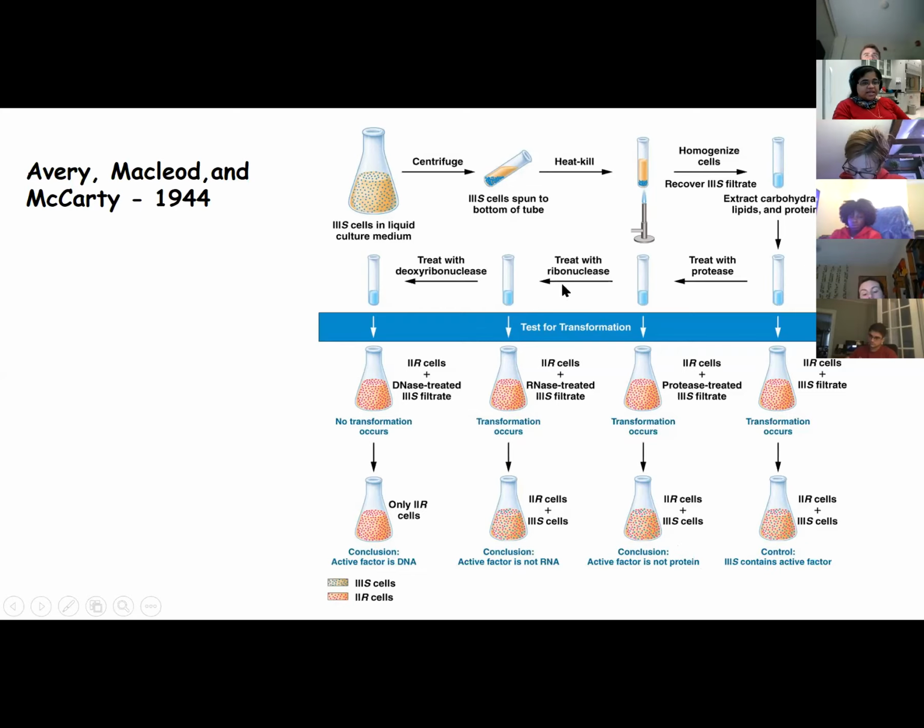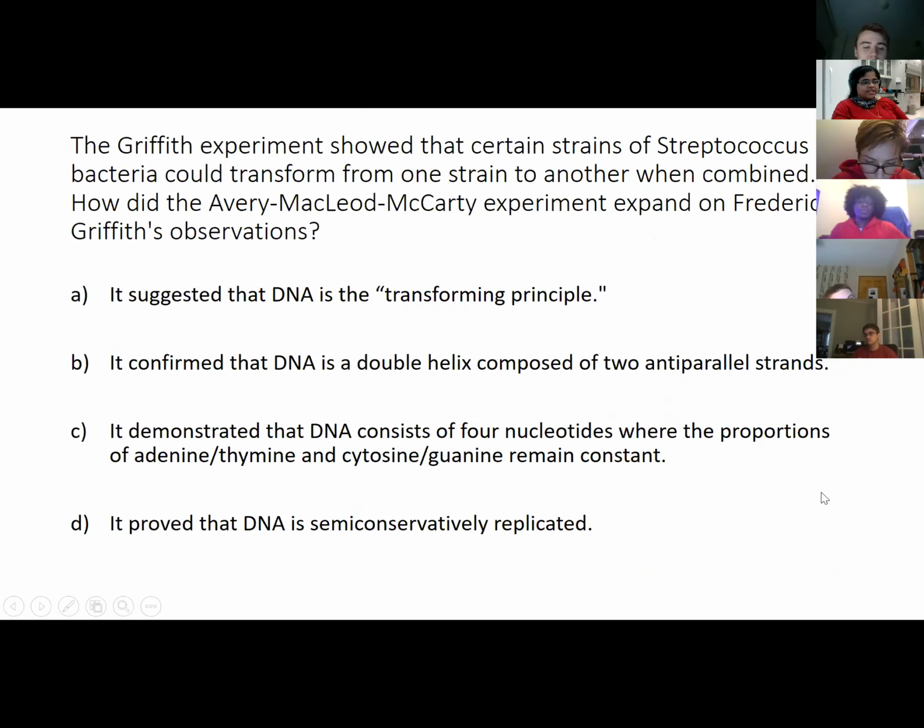A transformation occurred again, so they concluded it's not RNA. Then they used deoxyribonuclease, and there was no transformation. DNA must be the factor that's involved. Does that make sense? So that is how our answer here becomes A.